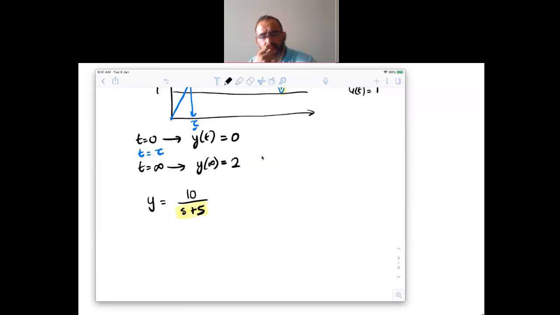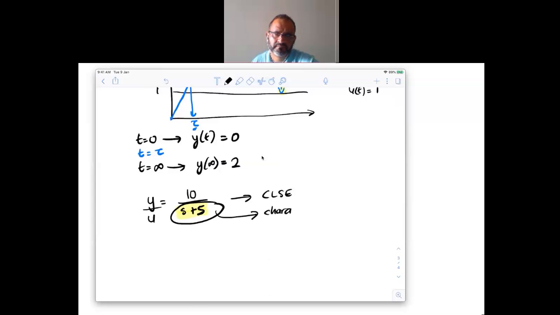If you look at this equation, without multiplying with U, it's Y over U. This is the closed loop system equation. So that value is known as your characteristic equation.